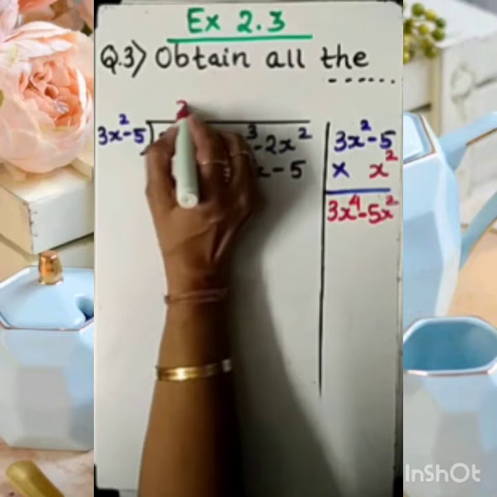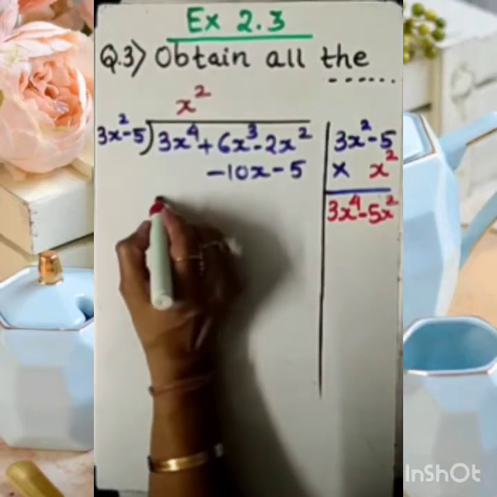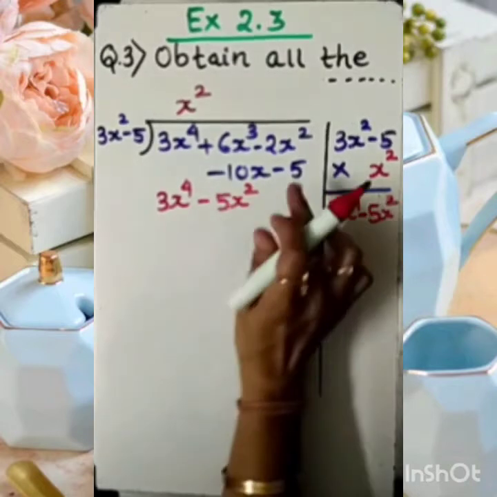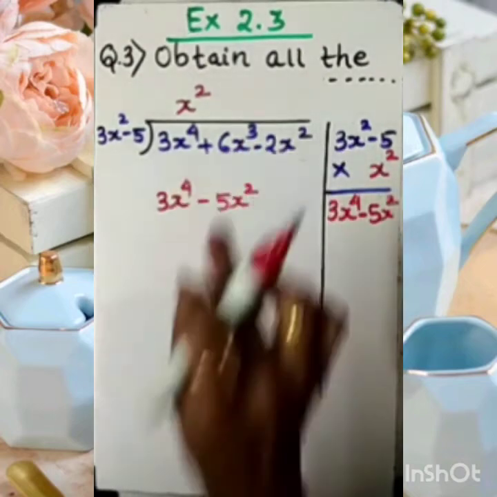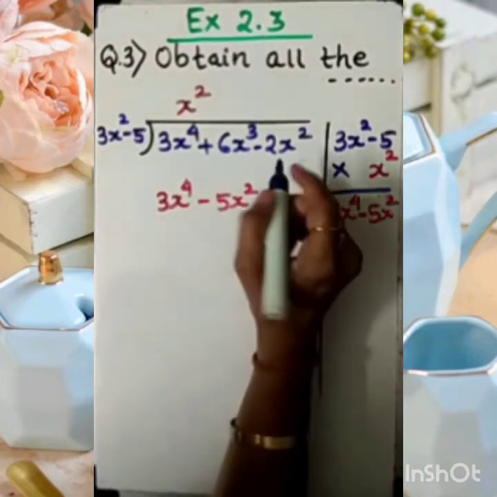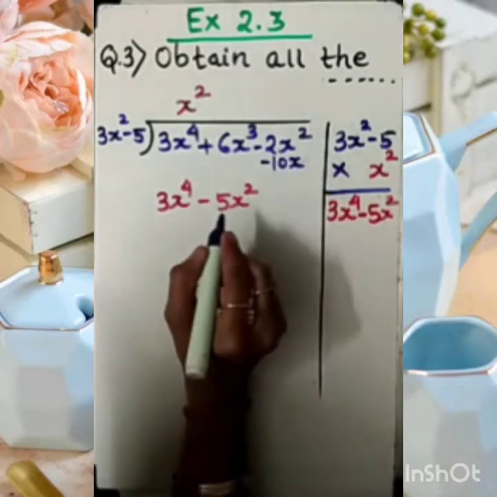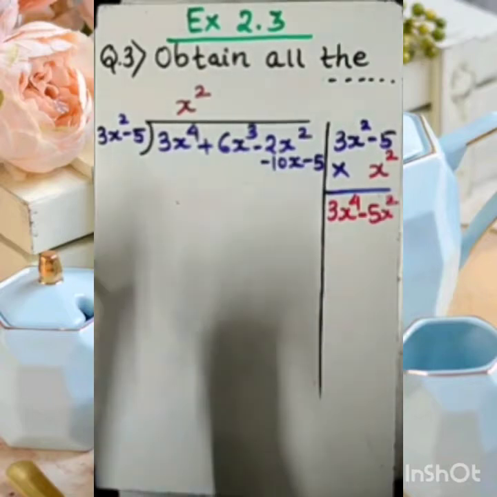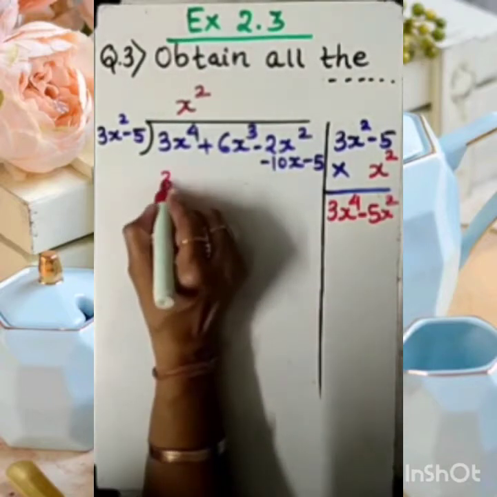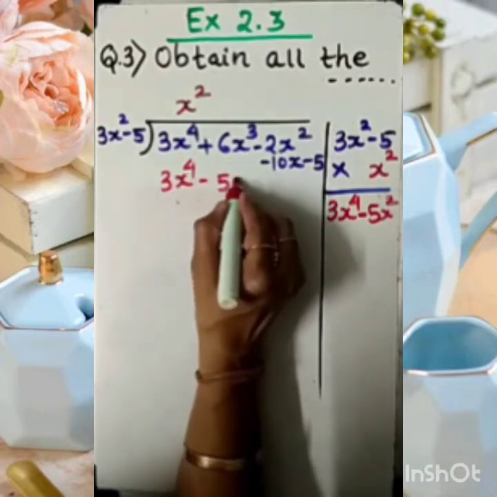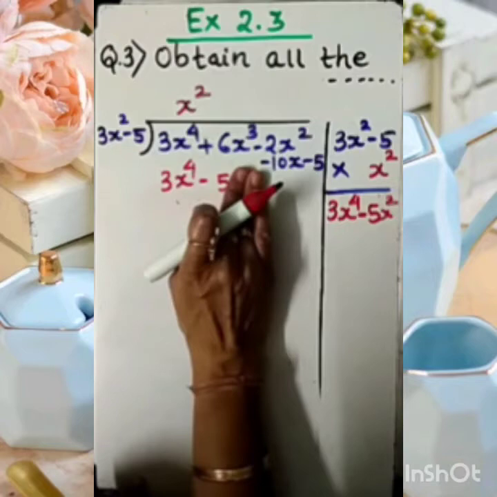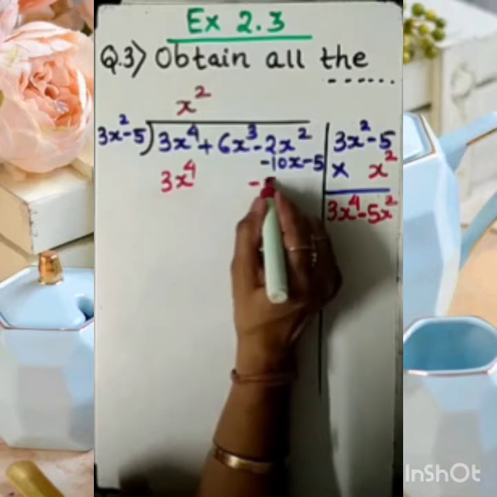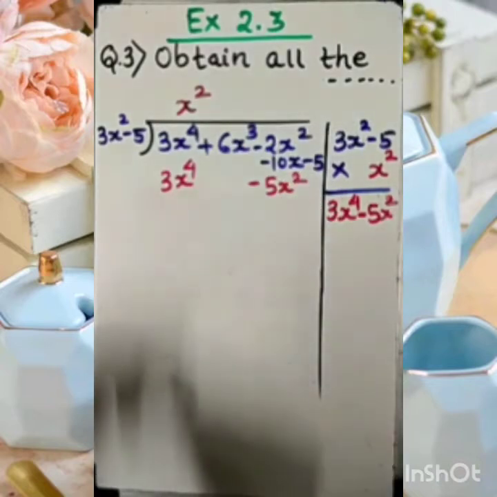Because of the space problem, I am writing this in short, minus 10x, minus 5. So it will be 3x to the power 4 minus 5x square. This term we need to write not below the cube term, but below the square term along with the proper sign, minus 5x square.